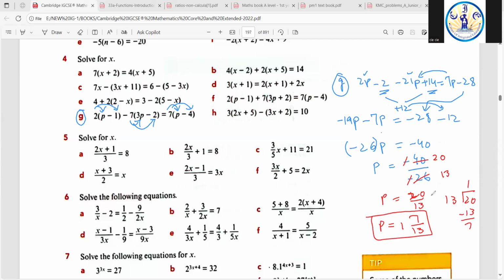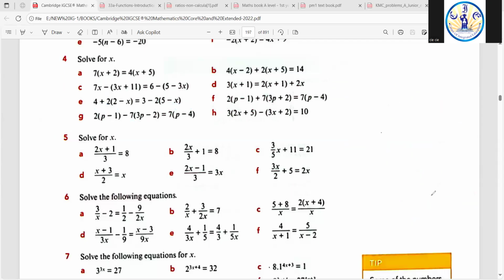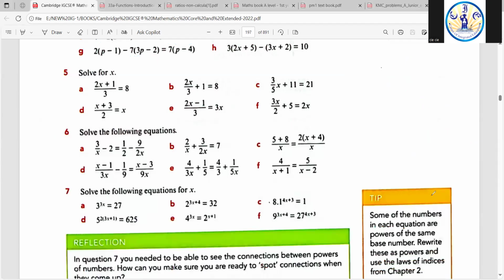Okay, now I proceed to question number 5 that involves fractions. There is a bit of difference that I want to clarify in part A. If you observe, parts A, D, E are alike, and parts B, C, and F are of a different type.